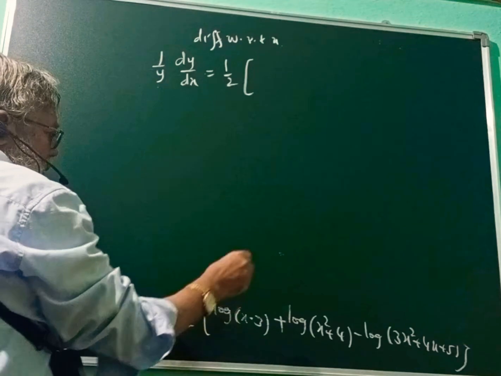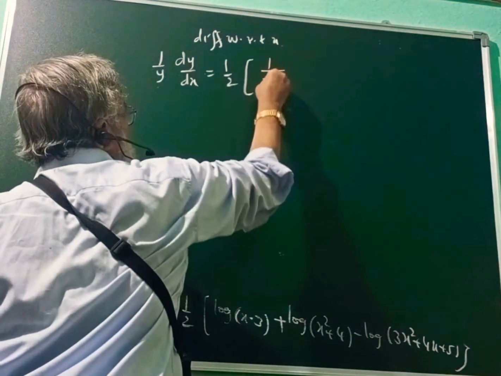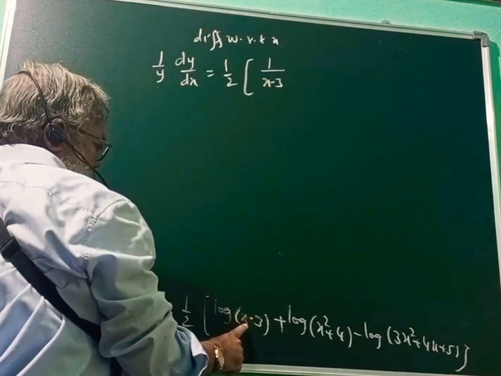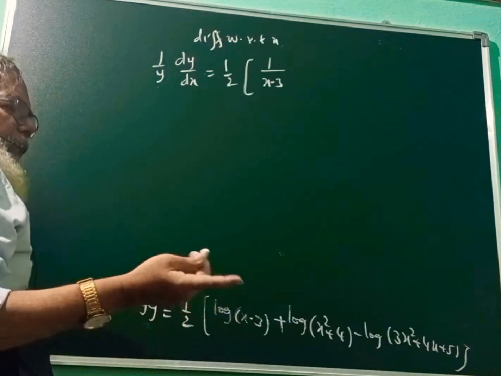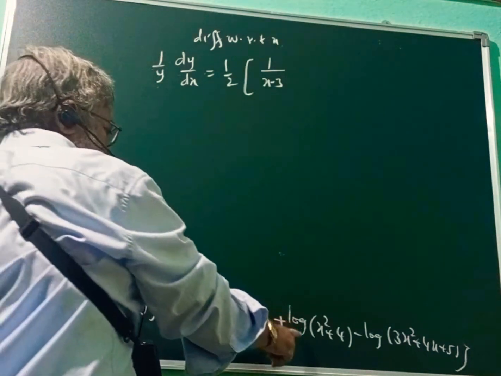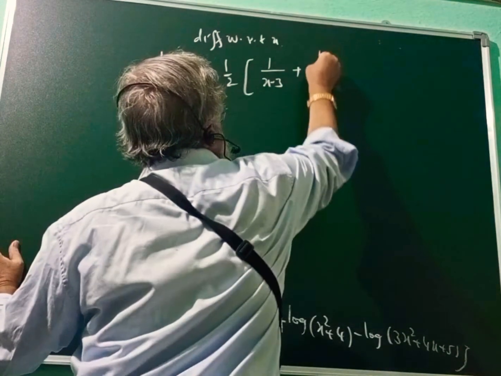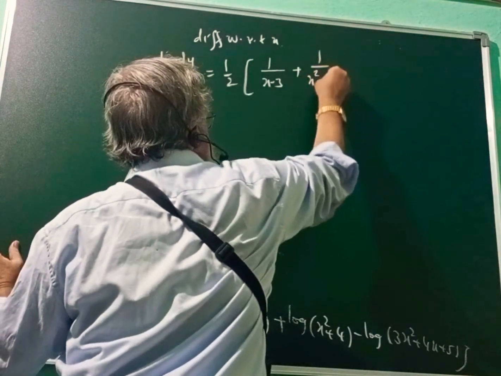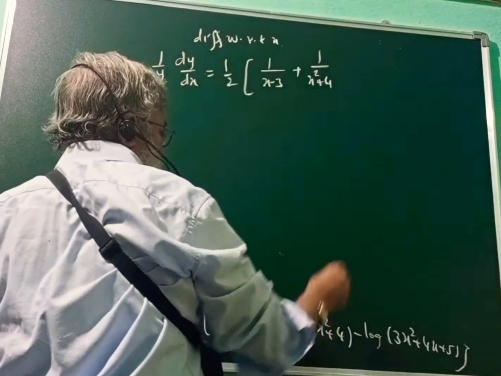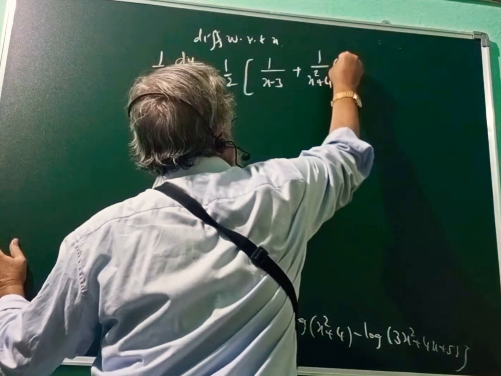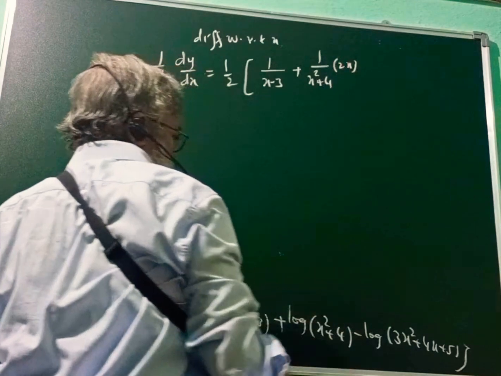Differentiation of log x minus 3 is 1 by x minus 3, differentiation of x is 1 and differentiation of 3 is 0. Now plus differentiation of this log, that is 1 by x square plus 4, differentiation of x square is 2x, differentiation of 4 is 0.